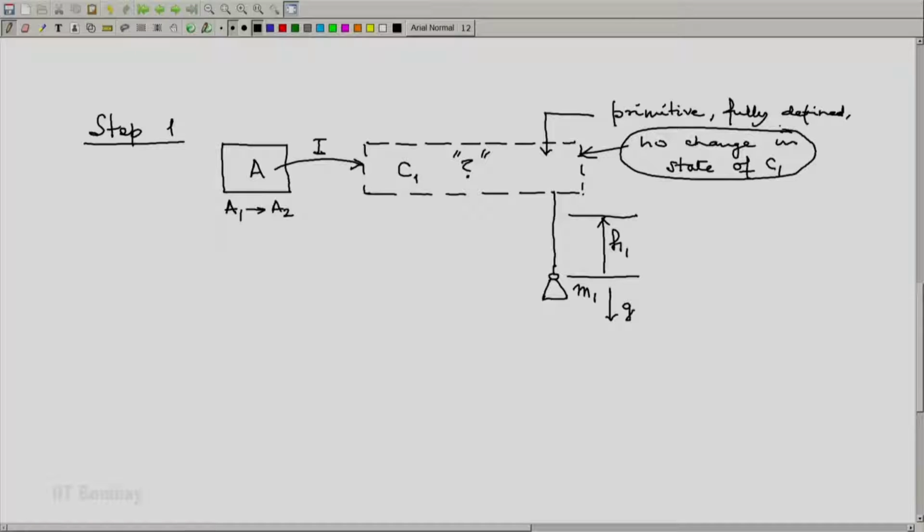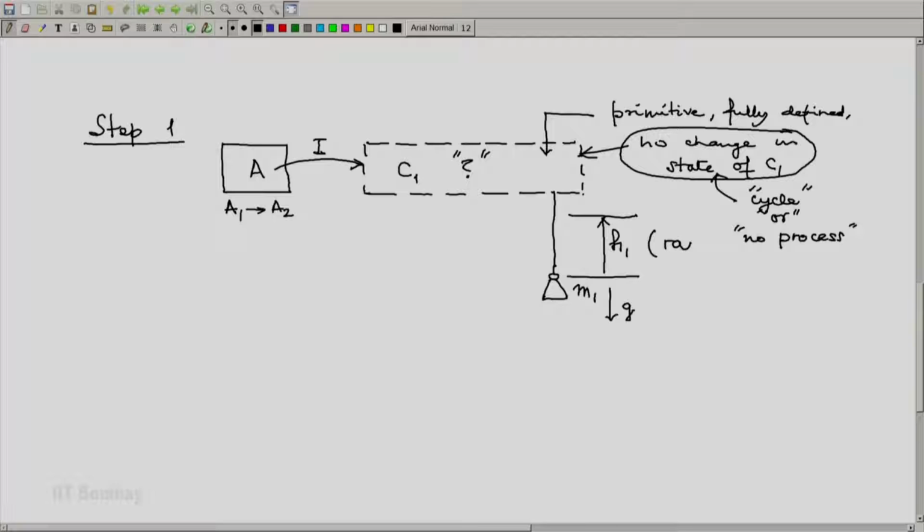This is also very important. That means C1 can undergo a cycle, can execute a cycle, or it need not execute any process, it executes no process. Actually, no process is an extreme example of a cycle. The initial condition and the final condition are unchanged, the same, and there is no process involved at all.